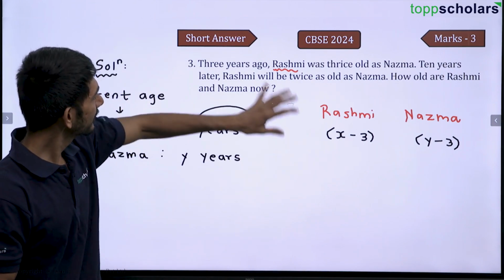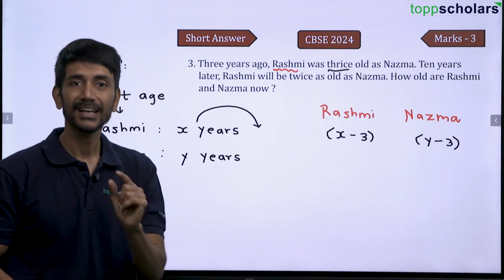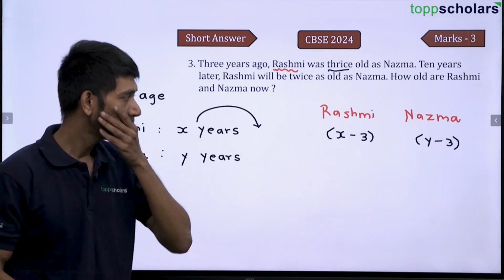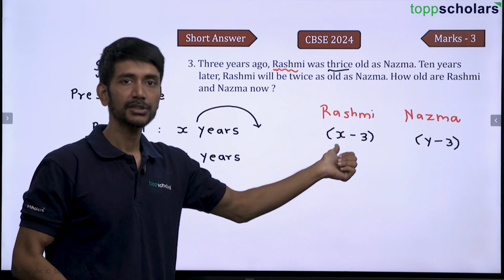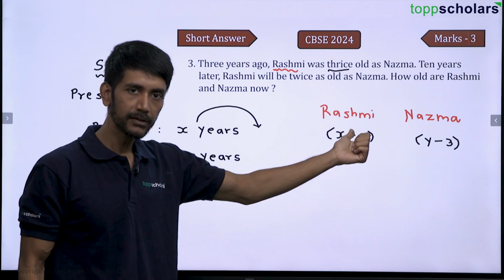Now the condition says 3 years ago, Rashmi's age is thrice. Thrice means 3 times. So if Nazma is 10 years old, Rashmi is 30 years old. If Nazma is 15 years old, Rashmi is 45 years old, right?